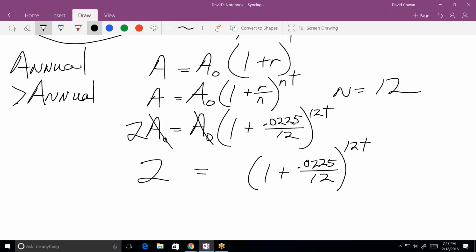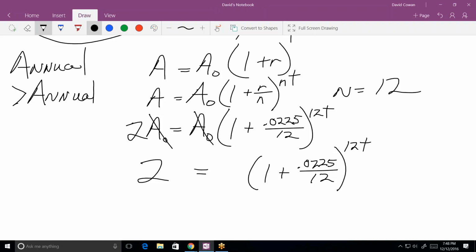But what's the next step? Everything that is being taken to this variable exponent is in parentheses. If this 1 was outside the parentheses, I would move it over immediately. I'm trying to isolate every single thing that's being affected by this exponent.